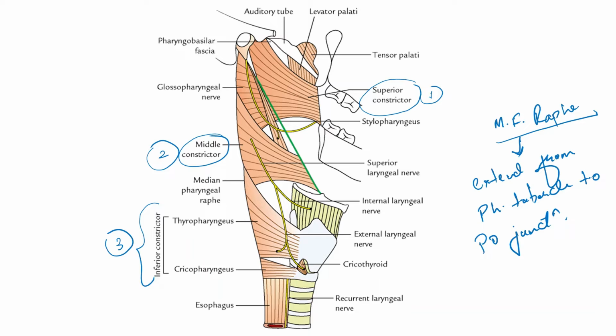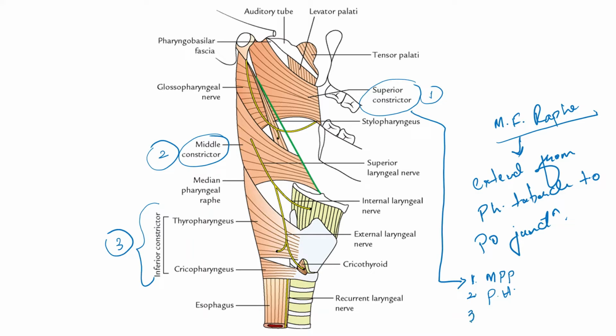Moving on to the very first muscle, the superior constrictor of the pharynx. The origin of the superior constrictor is mainly from the following points. Number one is the posterior border of the medial pterygoid plate. Number two is the pterygoid hamulus.